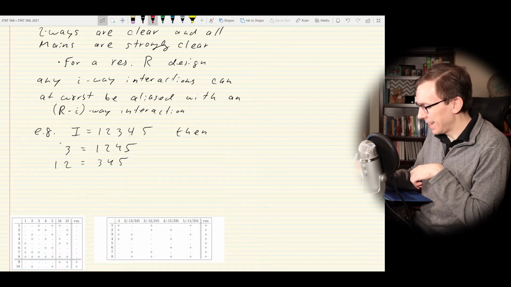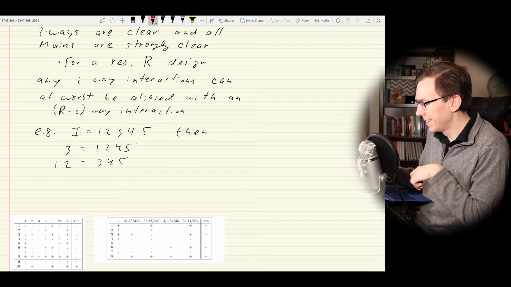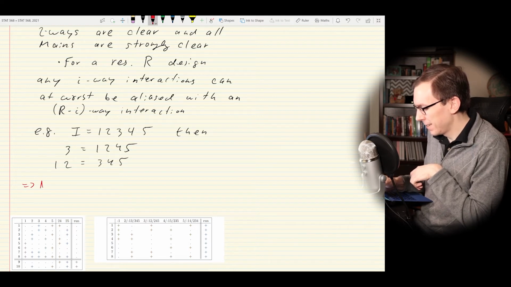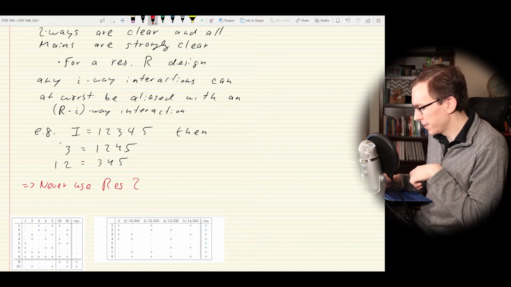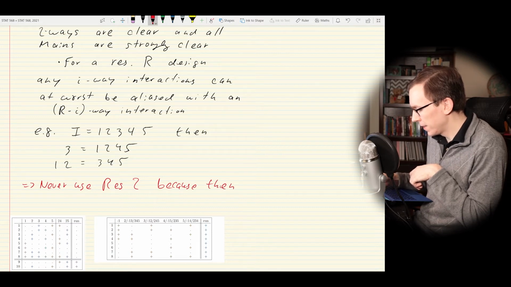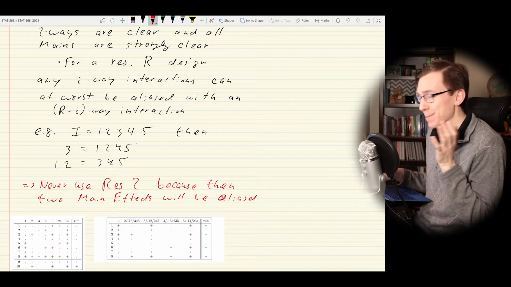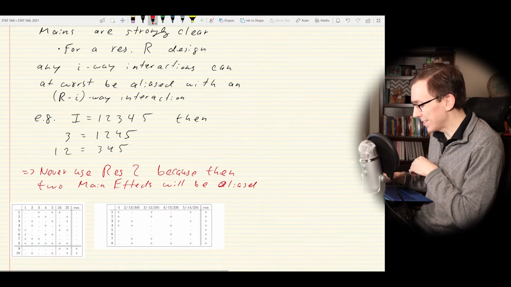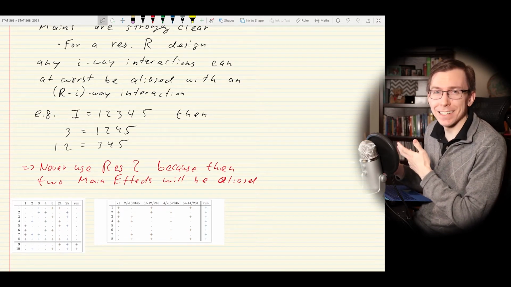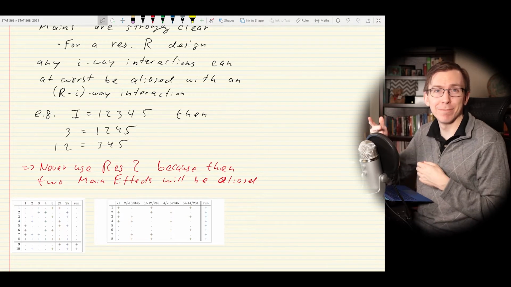Based on what I said here with this R and I, basically never use resolution 2 because then two main effects will be aliased together. And that's just kind of dumb. Maybe there are some really fringe cases where that's useful. To the best of my knowledge, that isn't the case, but you never know.